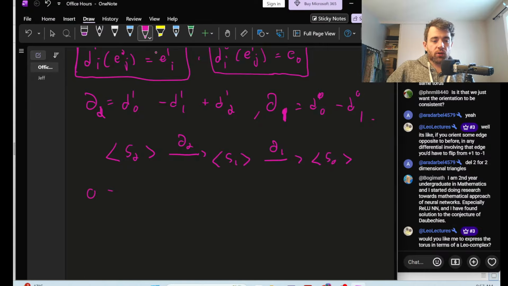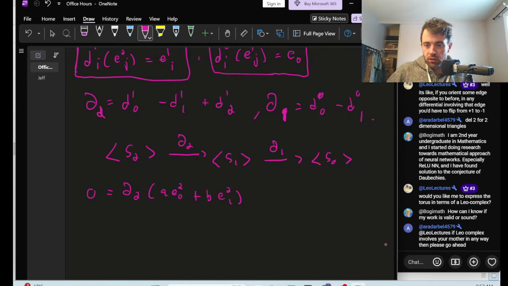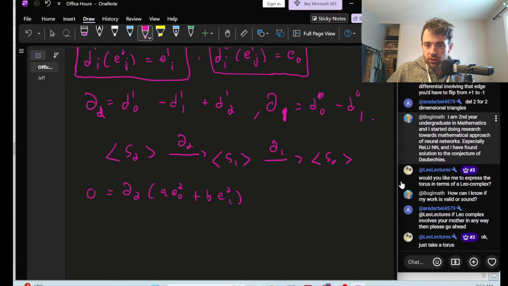So let's see. Kernel of del 2 on the span of E2 0 plus E2 1. How can you know if your work is valid or sound? Well, if you're an undergrad, then you're at a university.